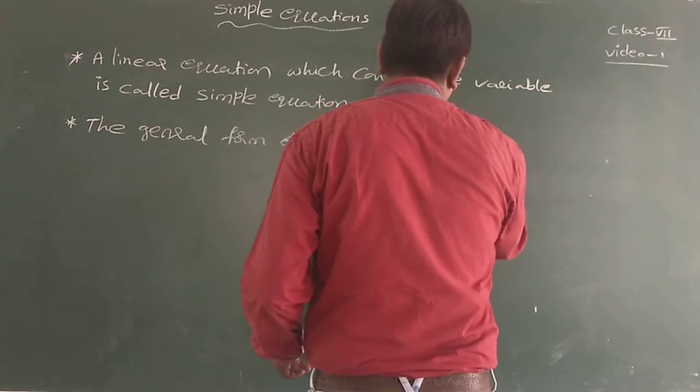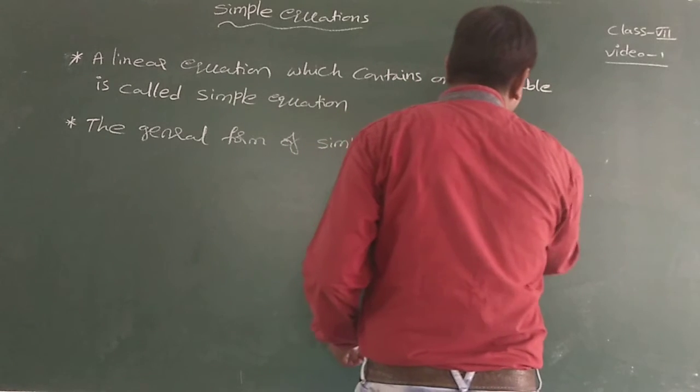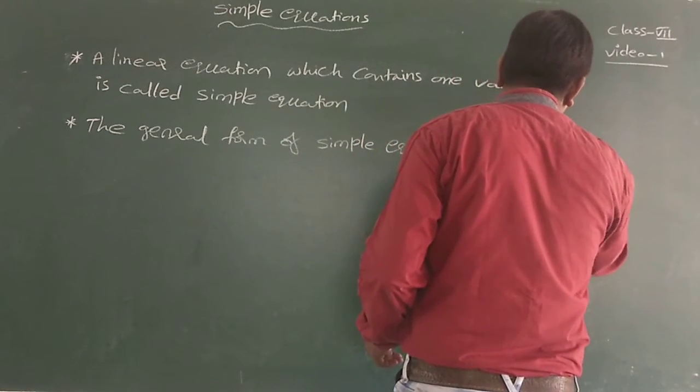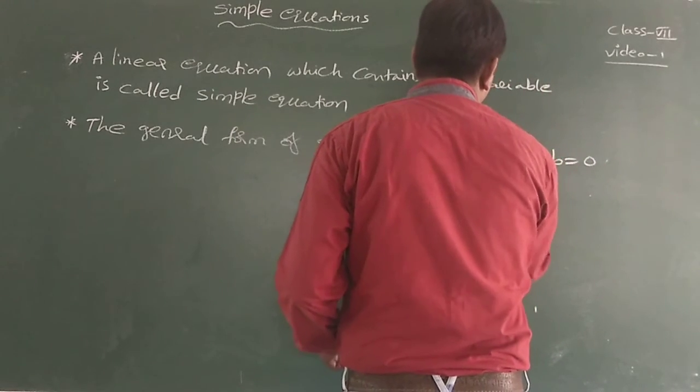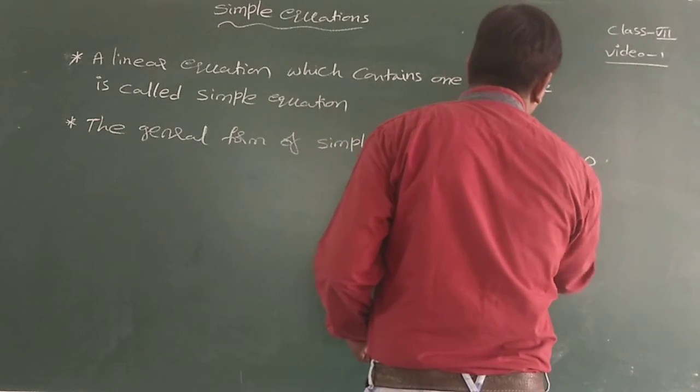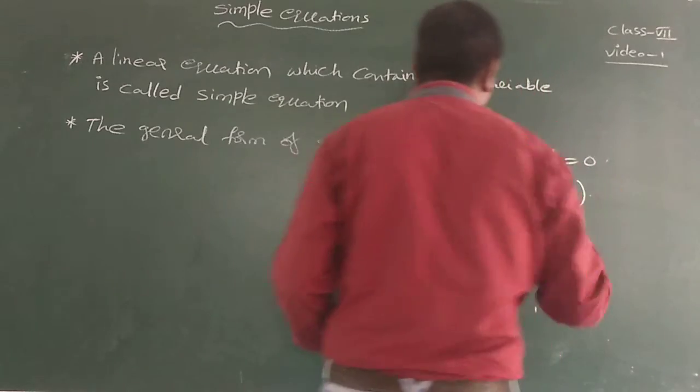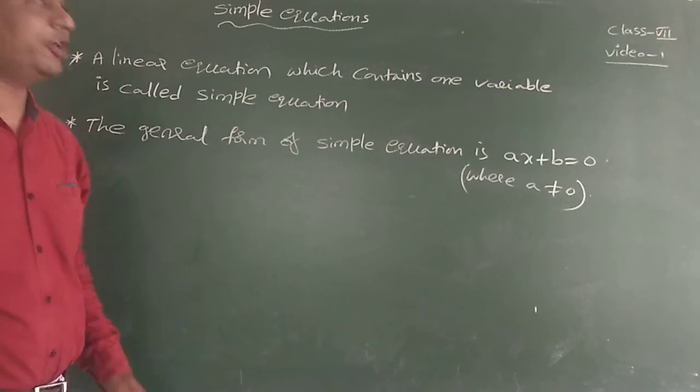Simple equation is ax plus b is equal to 0, where a should not be 0. Why should a not be 0?